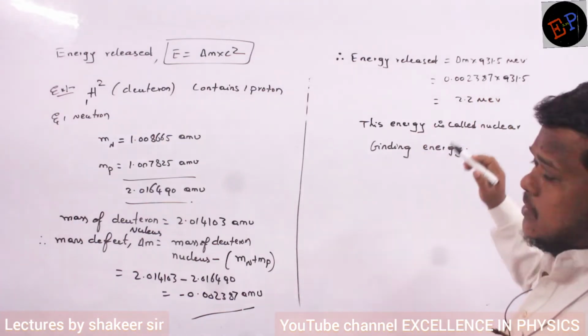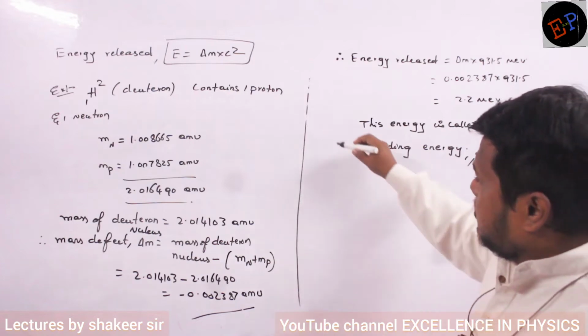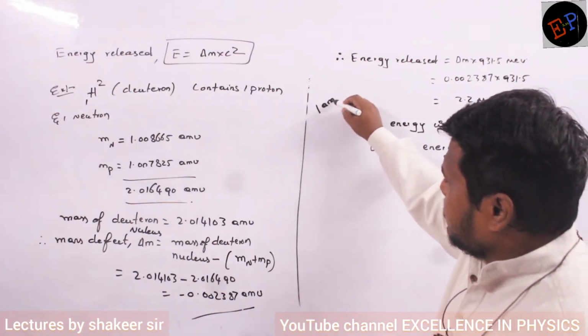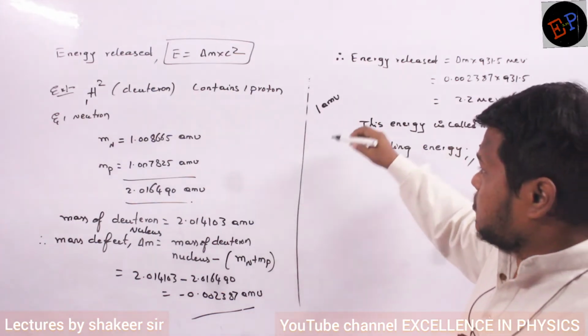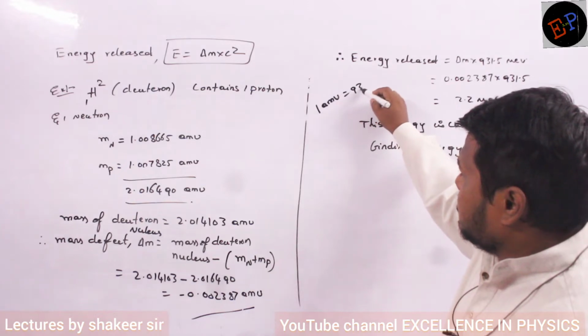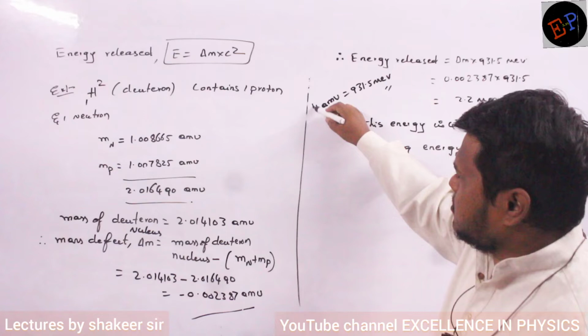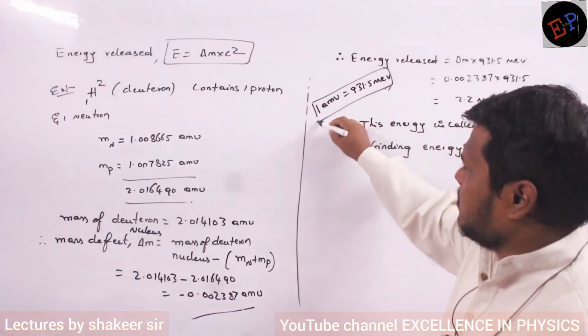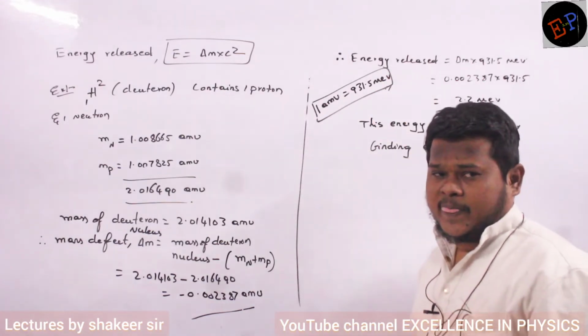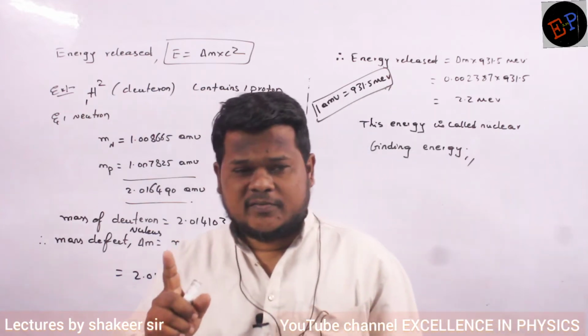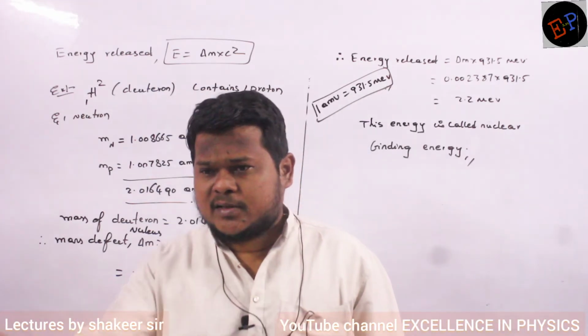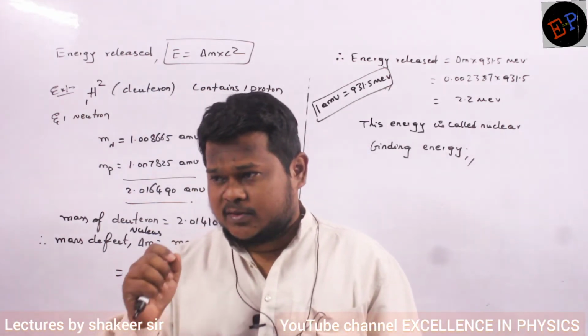0.002387 multiplied by, see, we already studied that one atomic mass unit, if it is converted into energy, releases 931.5 million electron volts of energy. We studied this in the last class, no?